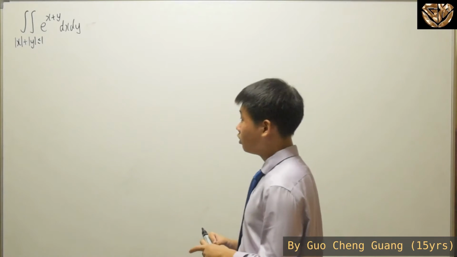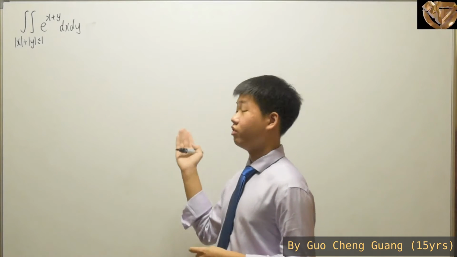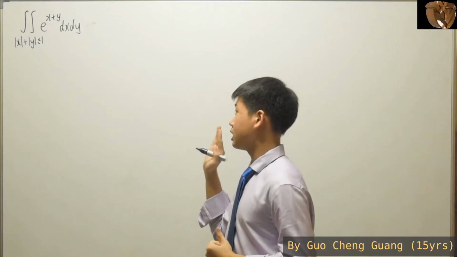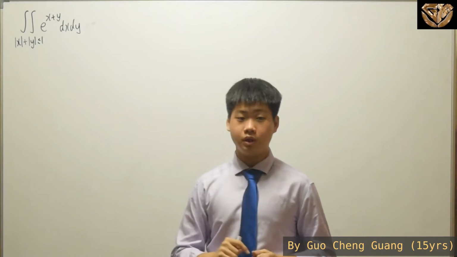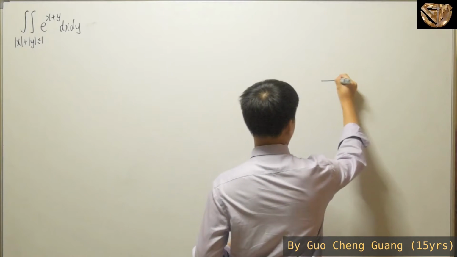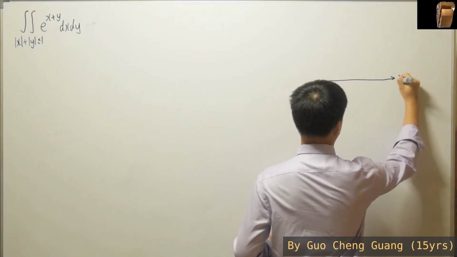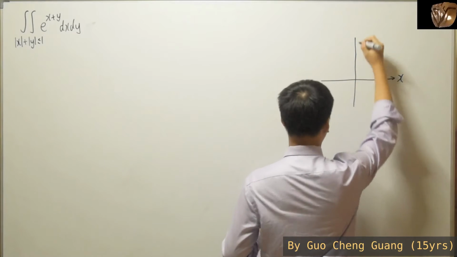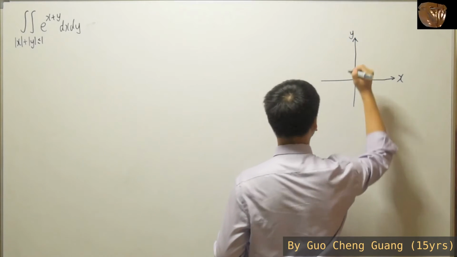If you have watched some previous videos, you probably would see this modulus x plus modulus y quite a bit. If you still have no idea how to get the graph for this, you could go back to previous lessons to rewatch it and understand better.